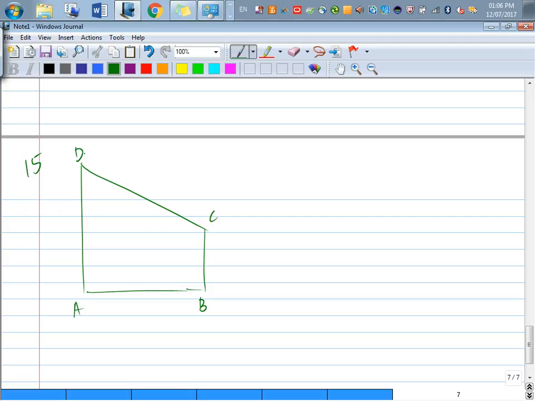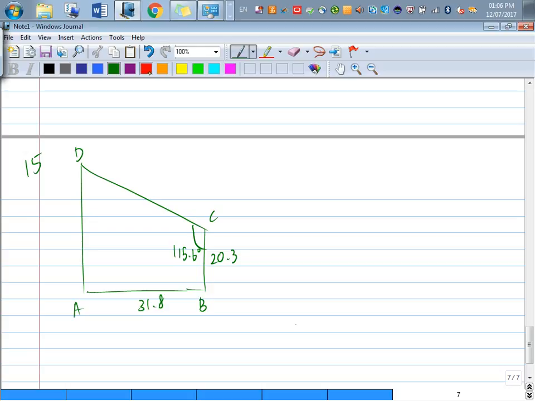It is in the shape of a trapezium again. Okay, this is all the information that was given. Find the perimeter of the land.